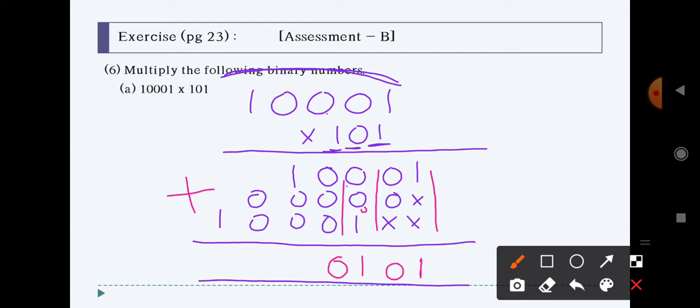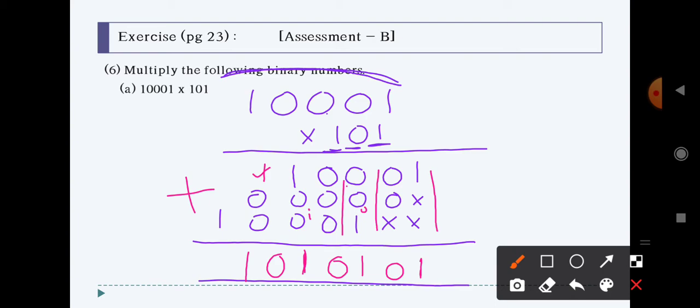After that over here 1 plus 0 will be 1, and 1 plus 0 will be 1. Okay, after that over here you see 0 plus 0 will be 0, and over here only 1 is present. So that is how you will be getting the answer 1010101. Okay, and this whole thing you have to show in your answer sheet. This is how you are going to multiply these things.